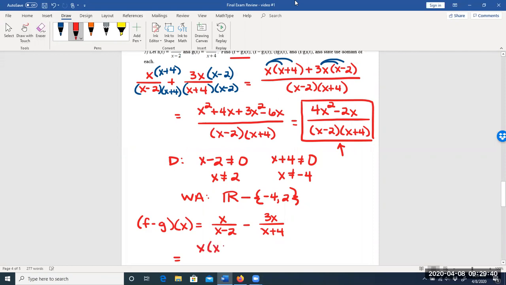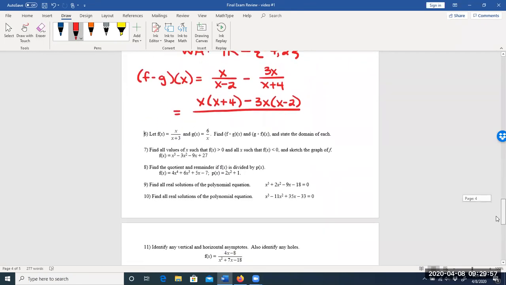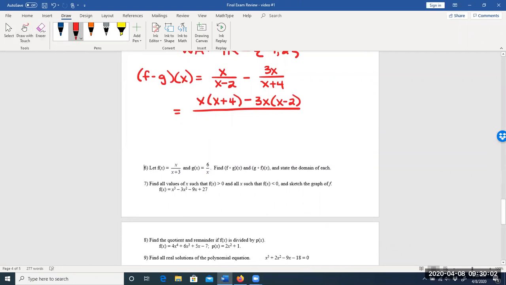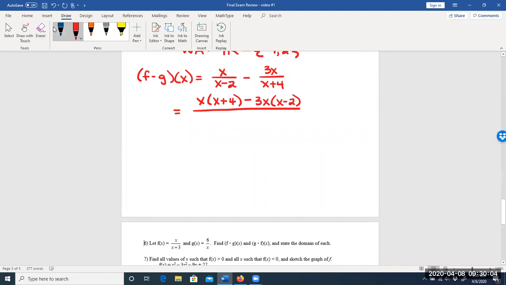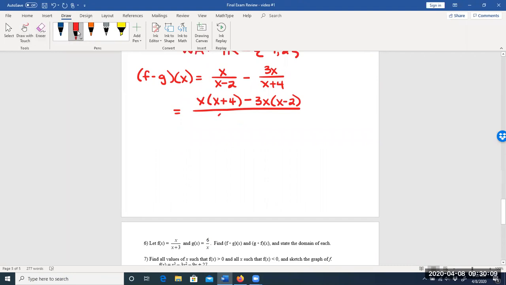So we're going to have x times the quantity x plus 4 minus 3x times the quantity x minus 2 all over our common denominator. So our common denominator is x minus 2 times the quantity x plus 4.